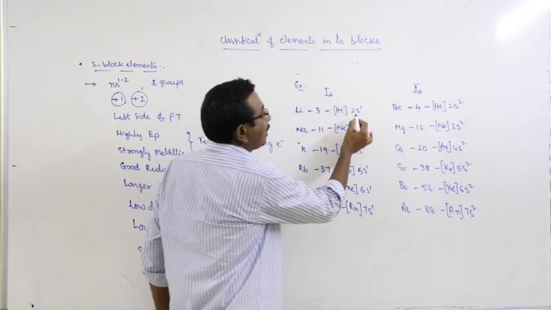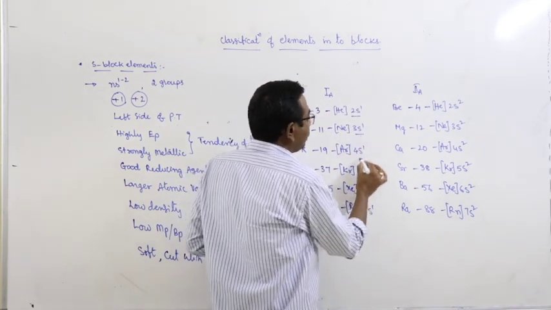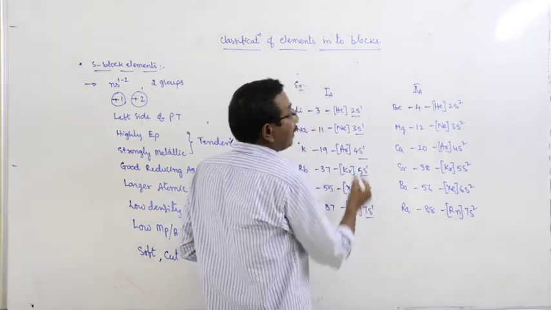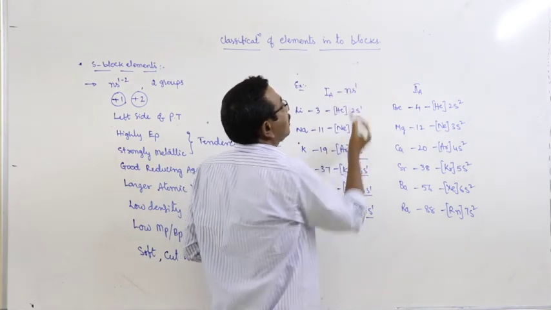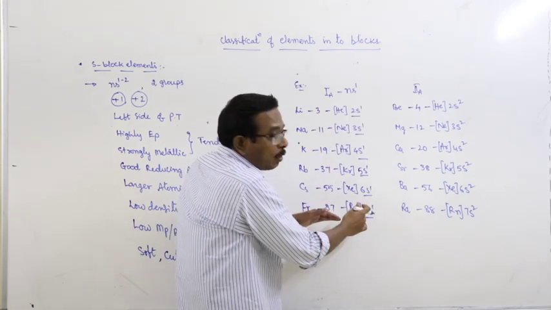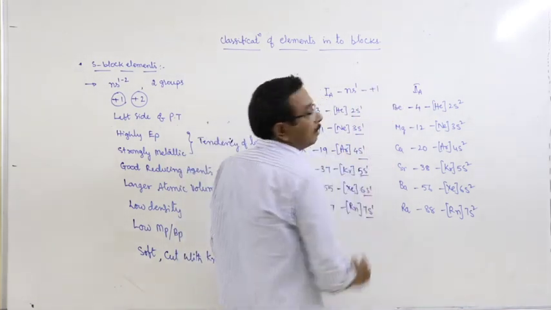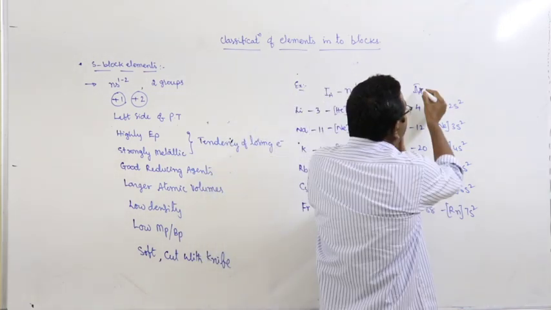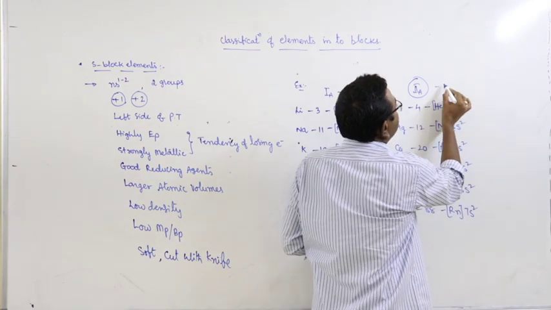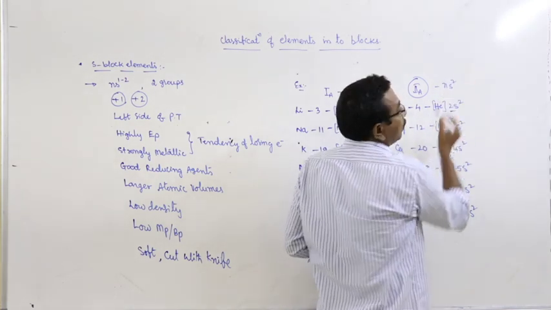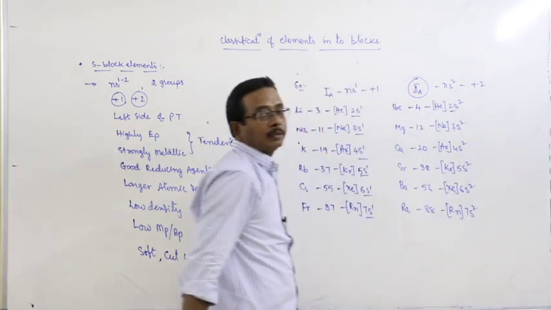From this we can identify that the general electronic configuration of first group elements is ns1. By losing the outermost electron, they exhibit the oxidation state +1. In the case of second group elements, the general electronic configuration is ns2, and the general oxidation state is +2.